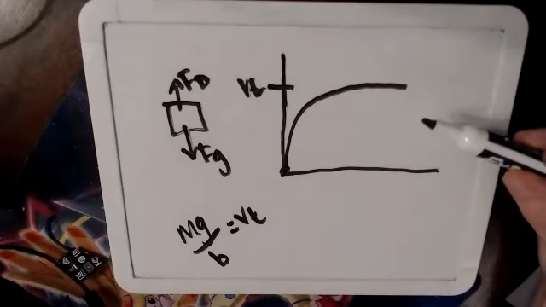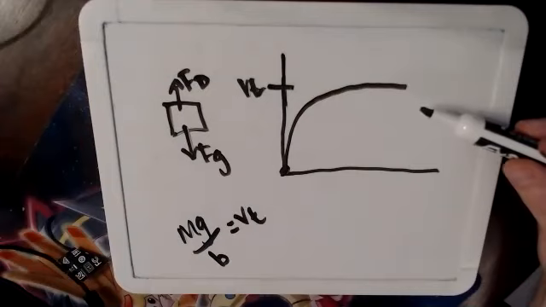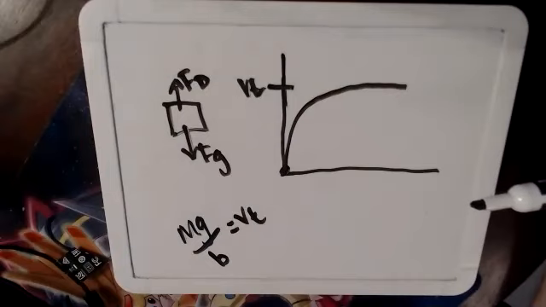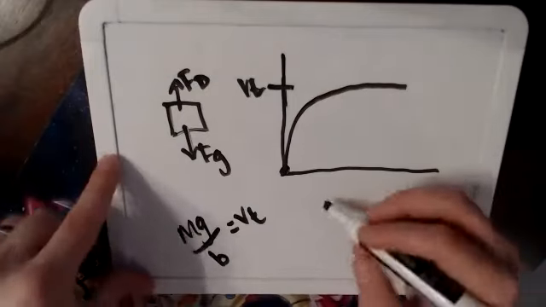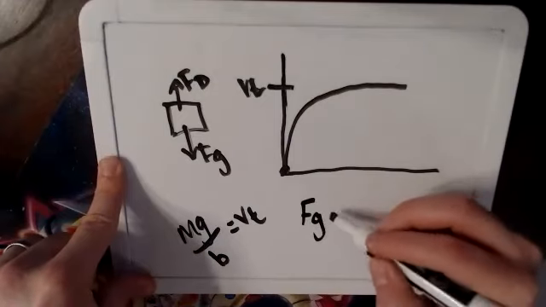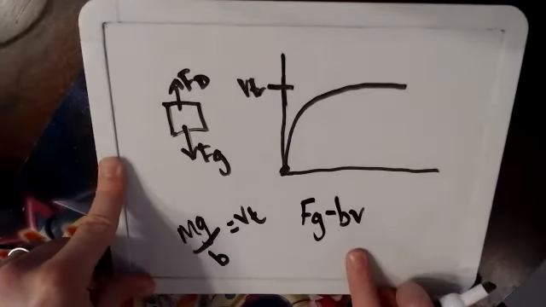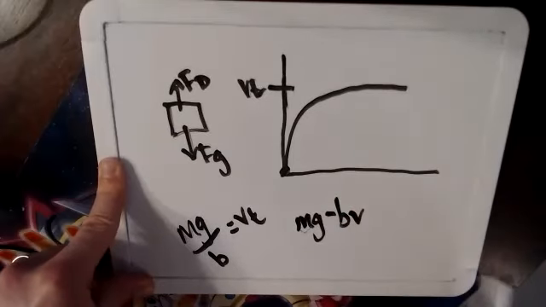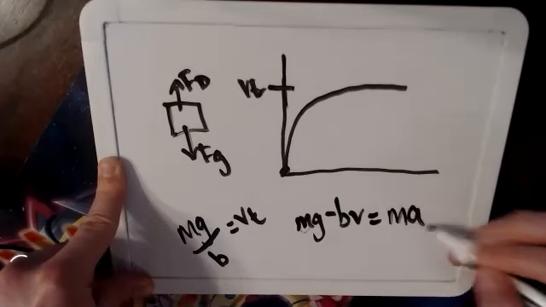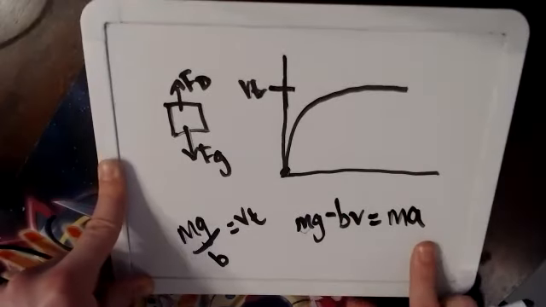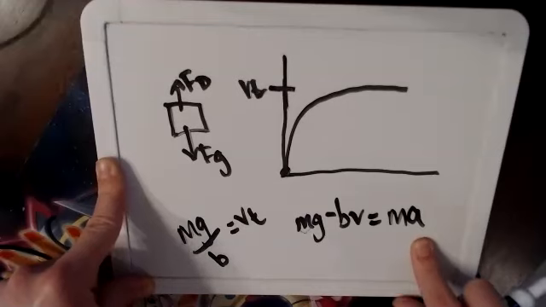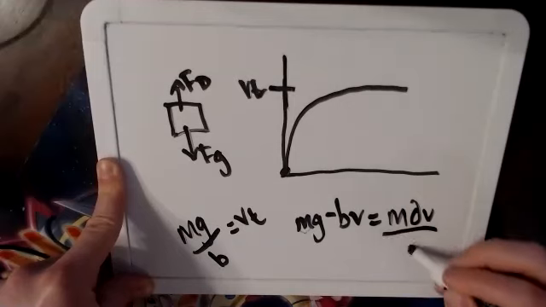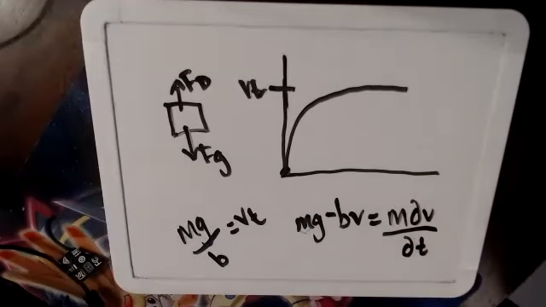What you should be realizing is that we're going to have to do a differential equation, and the differential equation is going to ultimately end with a natural log statement. To get there, we do mg minus bv equals ma. But we've got to identify what a is, and a is dv/dt, much like our dQ/dt was for current.